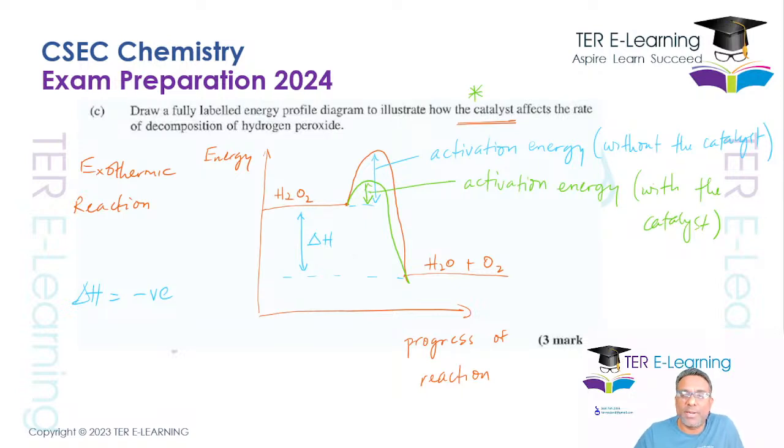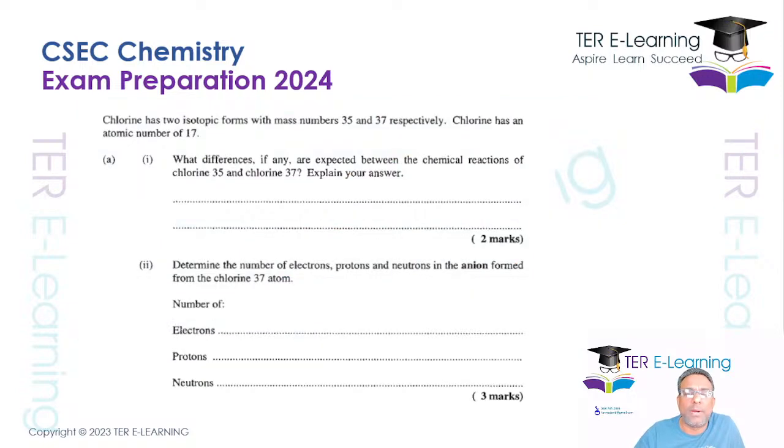Let's see what else we have here. Right, we have our next question. Chlorine has two isotopic forms, chlorine 35 and chlorine 37. Chlorine has atomic number 17. What differences are expected between chemical reactions of chlorine 35 and 37?